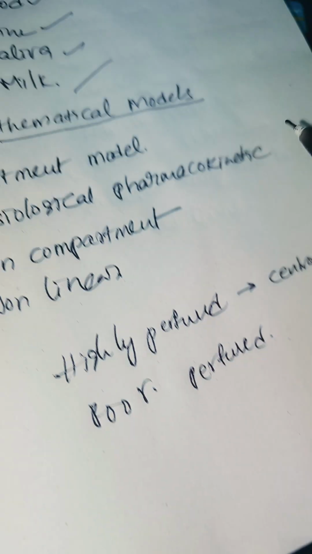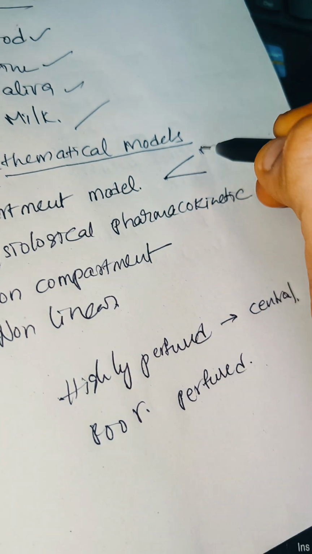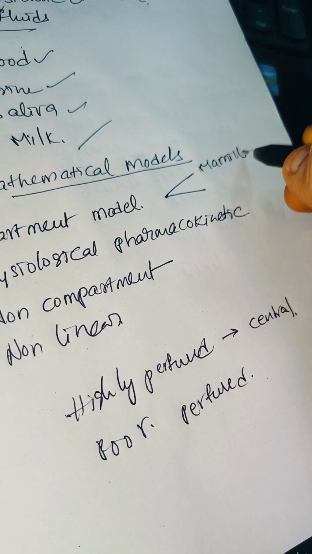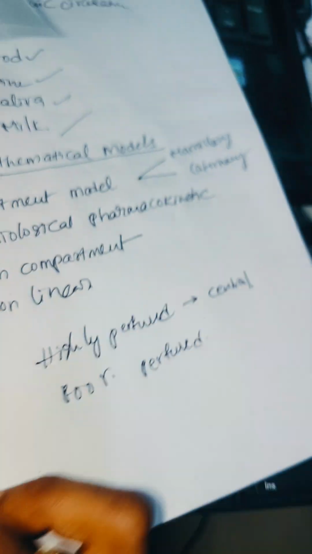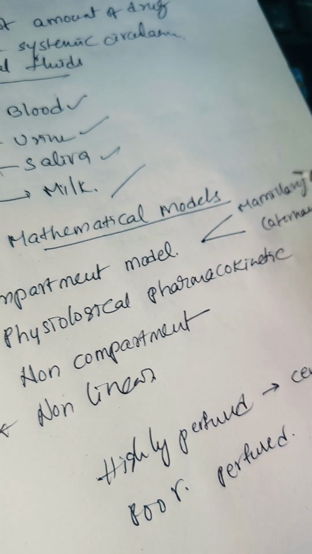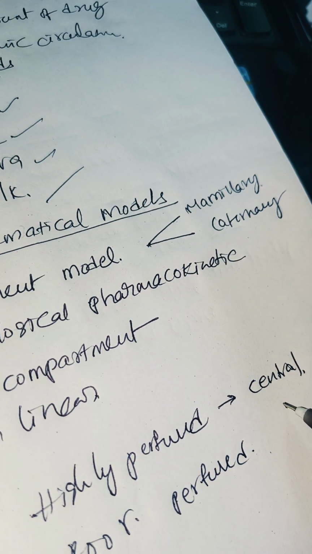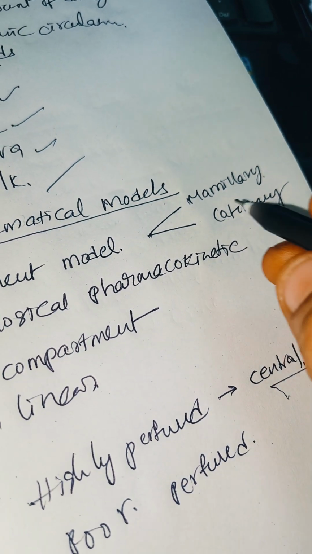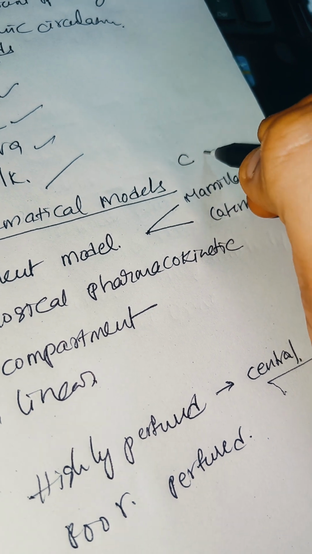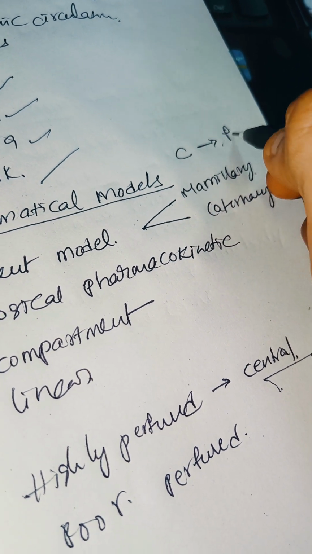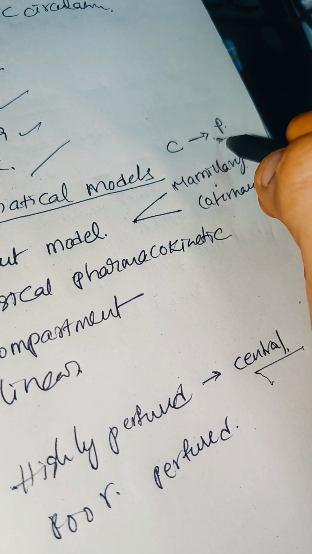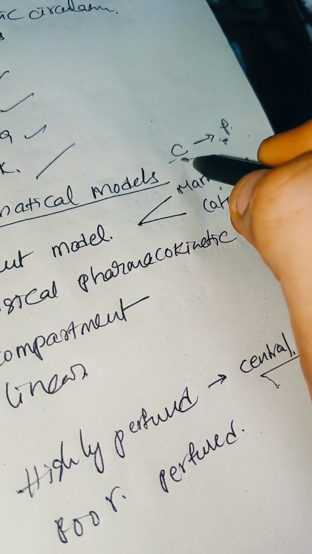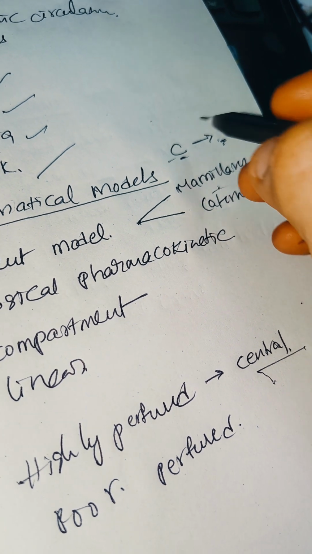In the compartment models, we have the mammillary and catenary models. The mammillary model has a central compartment along with peripheral compartments, where every peripheral compartment is connected to the central compartment.